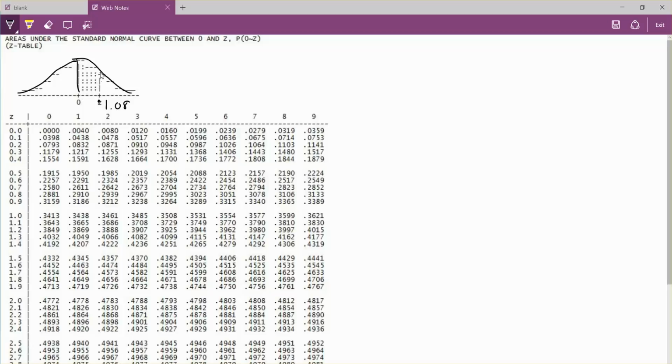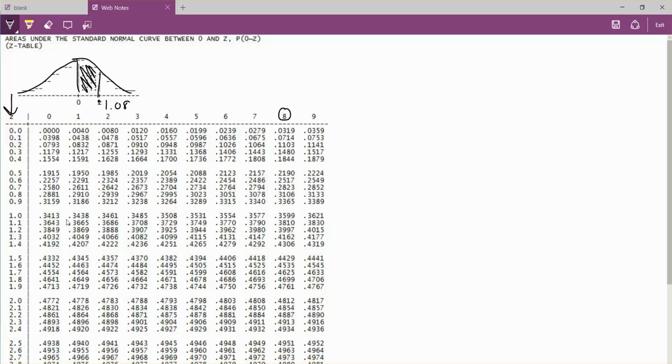So the area that's shaded right here, to find the proportion of it, I go down to 1.0 in this column, and then I go across to 8, so that's going to give me 1.08.